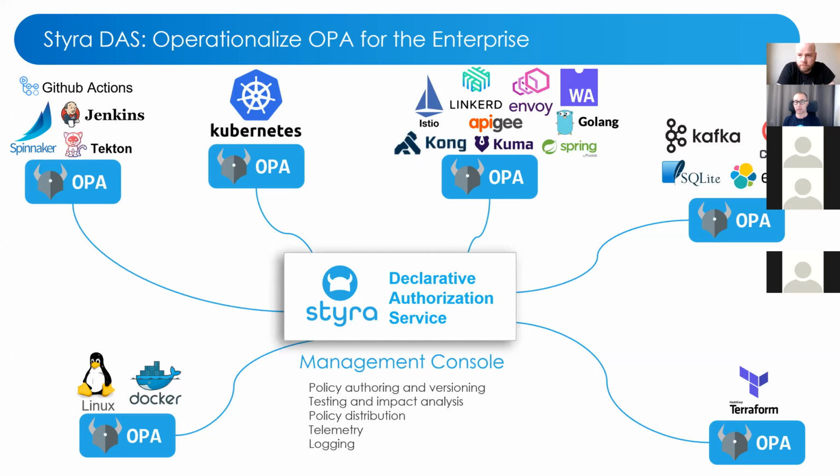And there we have our Styra Declarative Authorization Service, which actually is a management control plane, either as software as a service, or you can run it on-premise, where we give you a perfect environment to write your policies, do version control of your policies, test and impact analysis of policies, and distribute so you make sure the right set of policies and the right data comes to the right OPA. And we also do health checks on the OPAs and central logging. So that's how we help you.